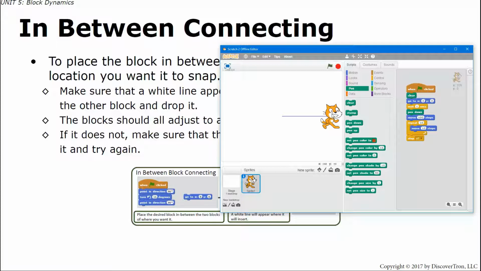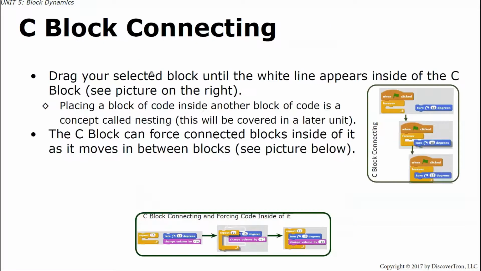Which is why the line still appears to be there. So when the cat comes back to this point, the line is still being drawn. It just happened so fast we couldn't see it because it went from 200, 0 back to 0, 0. And then the pen goes back down, and then we draw again, and there you have it. So that is in between connecting.